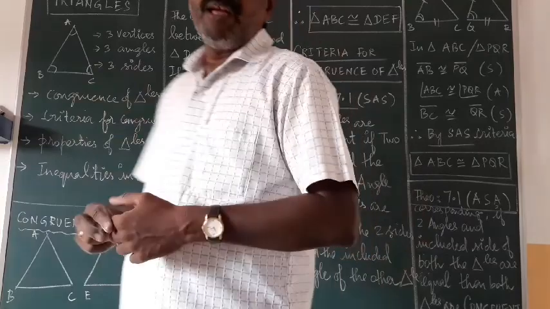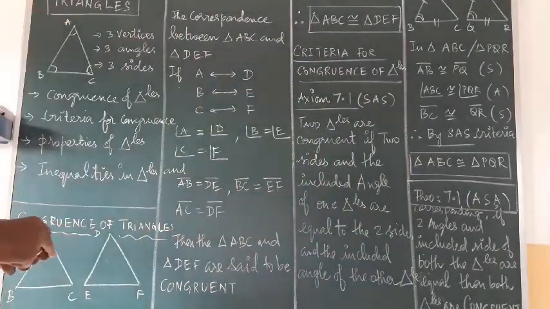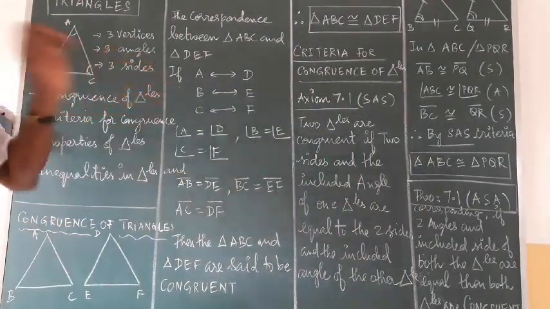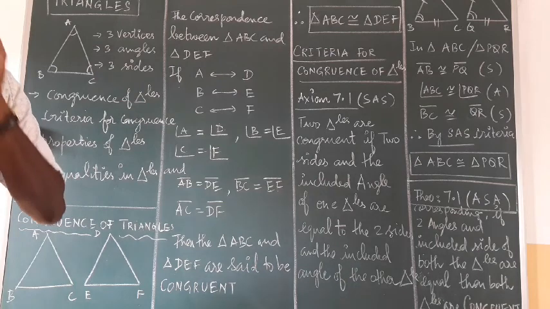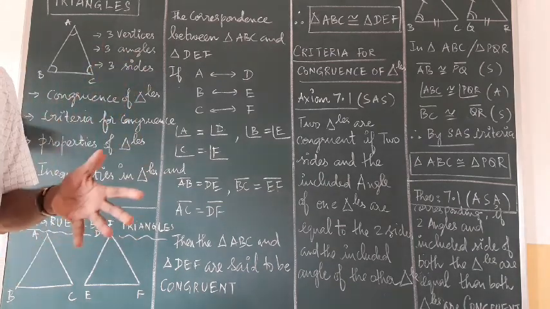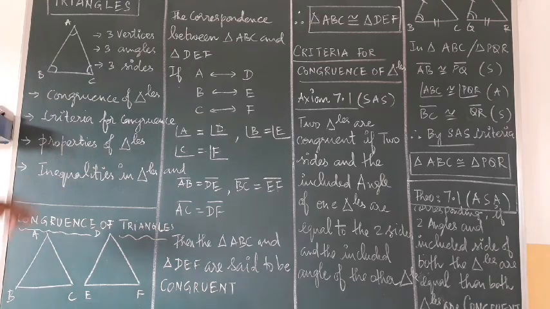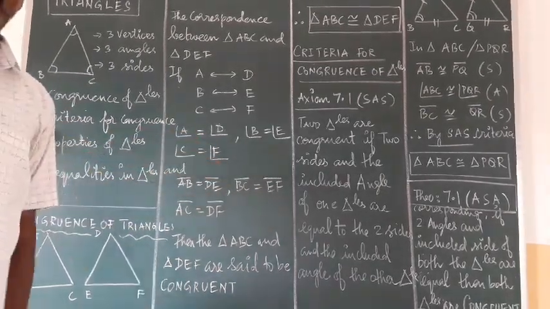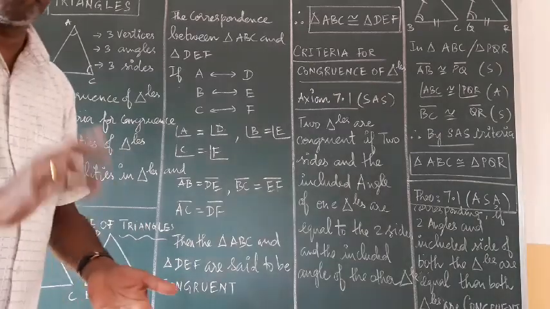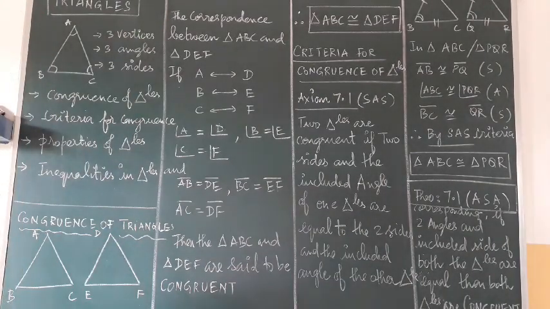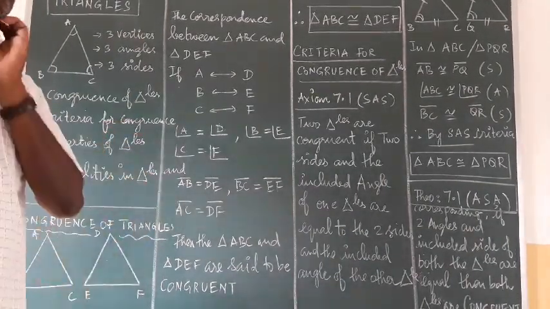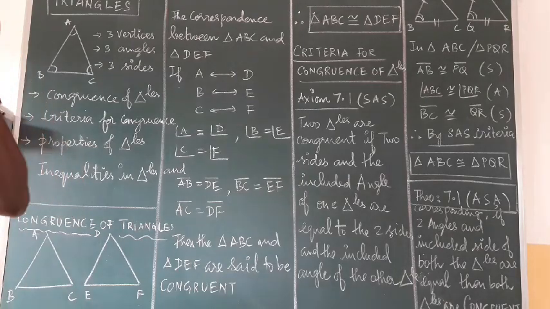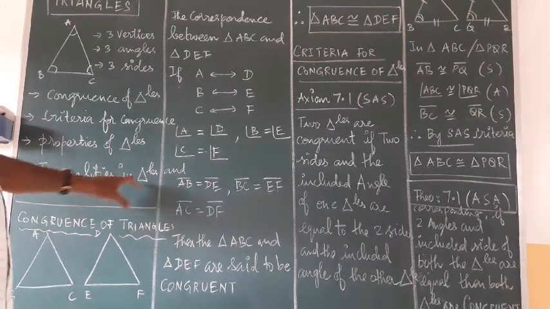In our syllabus, we are going to see the congruence of triangles. What is congruency? Congruency means, between two triangles, what the common points are, and what the condition, the criteria, for congruence is. We will see the rules for congruence, the special properties of the triangle, and inequalities in the triangle.